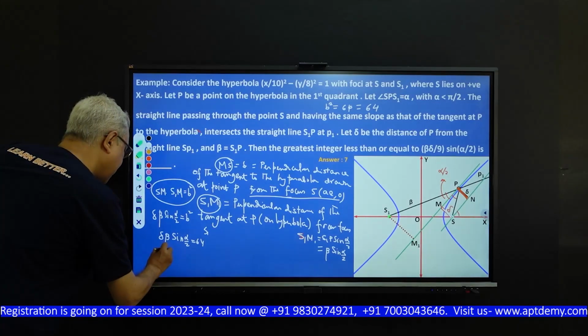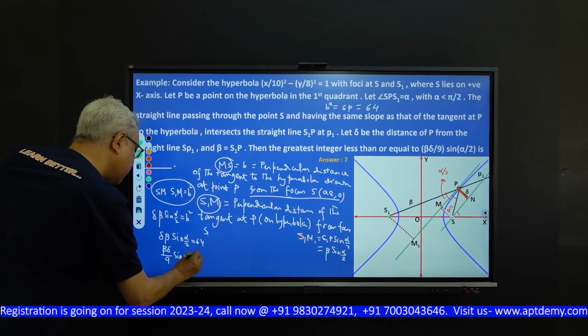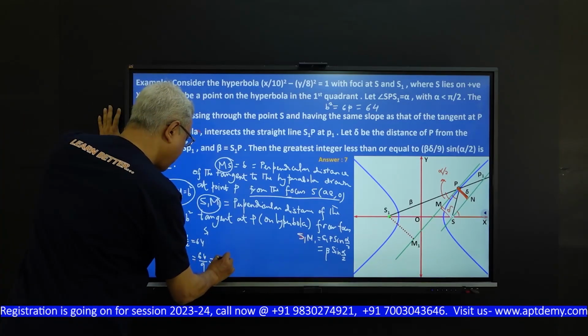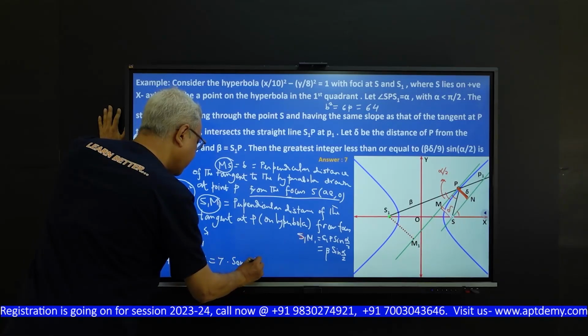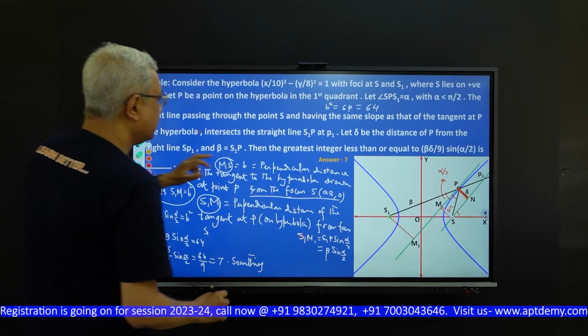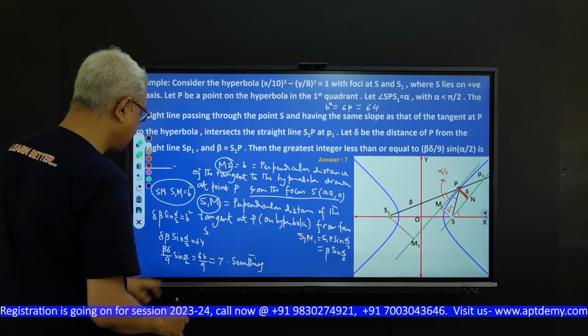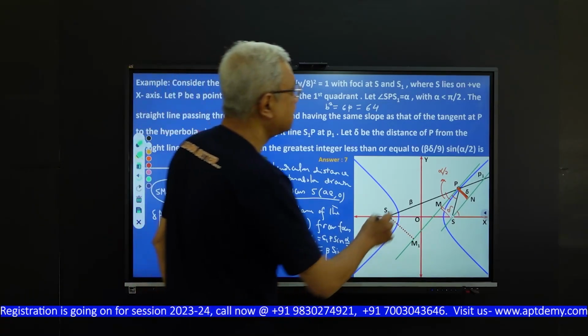So beta delta by 9 sin alpha by 2 is 64 by 9. So 64 by 9 is actually 7 point something. So the greatest integer less than or equal to beta delta by 9 sin alpha by 2 is actually 7. So the answer is 7.